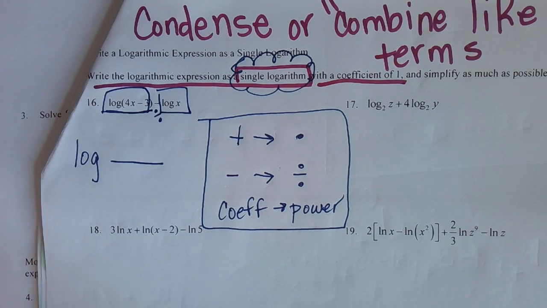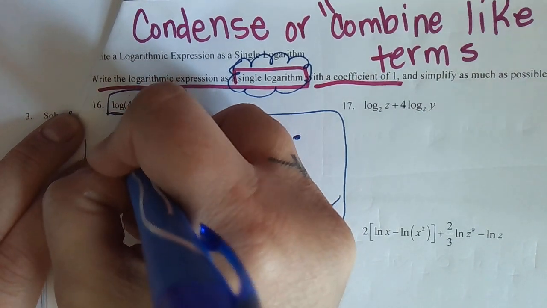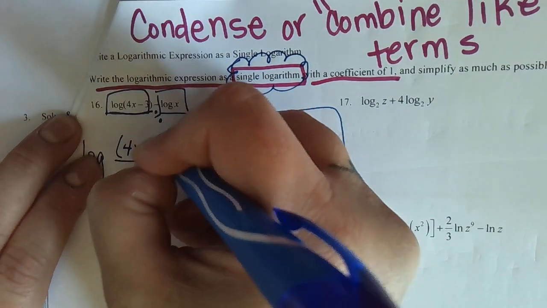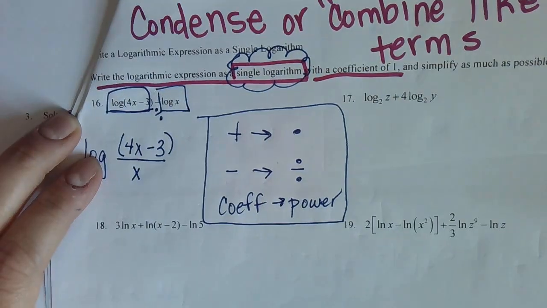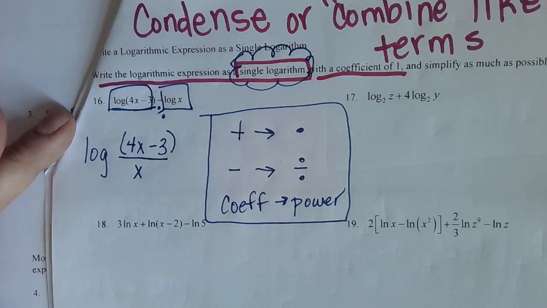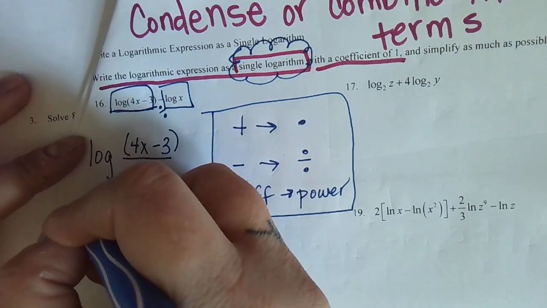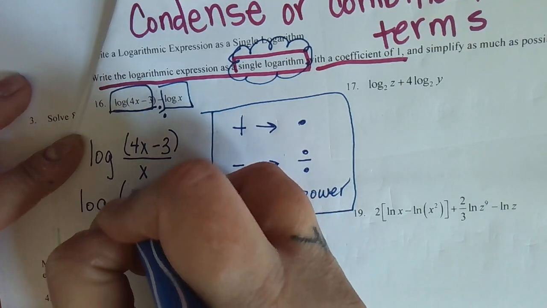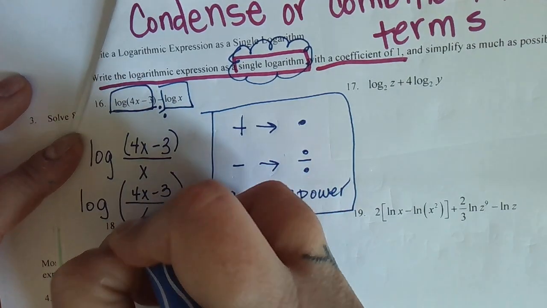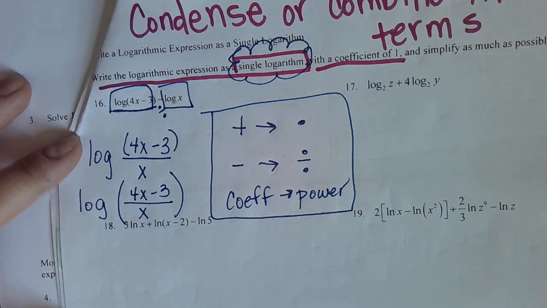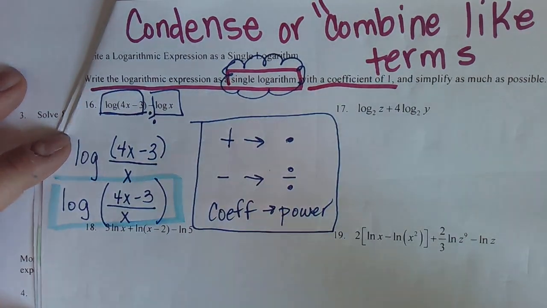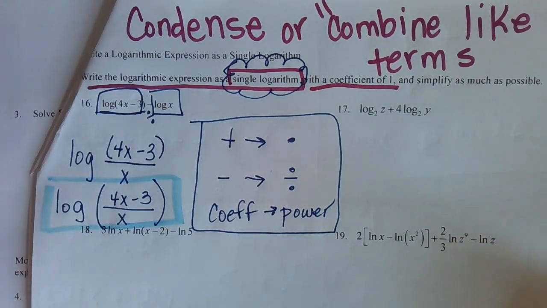To squish them together, we put the 4x minus 3 on top, in parentheses if you want, and the x on bottom. Another way to see that is log of a big fat parentheses with a fraction of 4x minus 3 over x. And that's it. You do not cancel the x's because they cannot cancel with that 3.